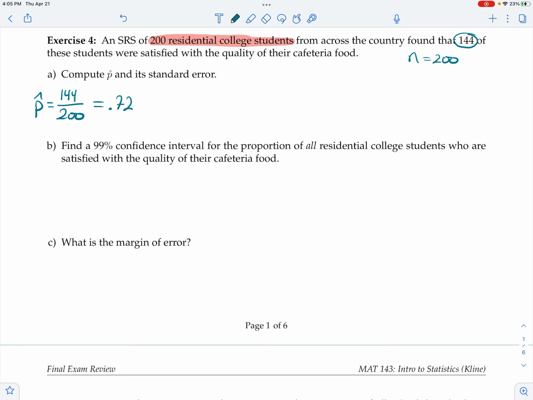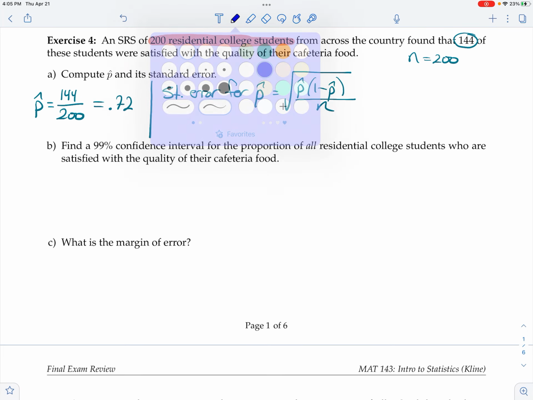So there's that. Let me remind you of the formula for the standard error. The standard error for p hat is the square root of p hat times 1 minus p hat, all divided by n. So that's the formula that I want to use. We'll just say SE for p hat, that's common notation.